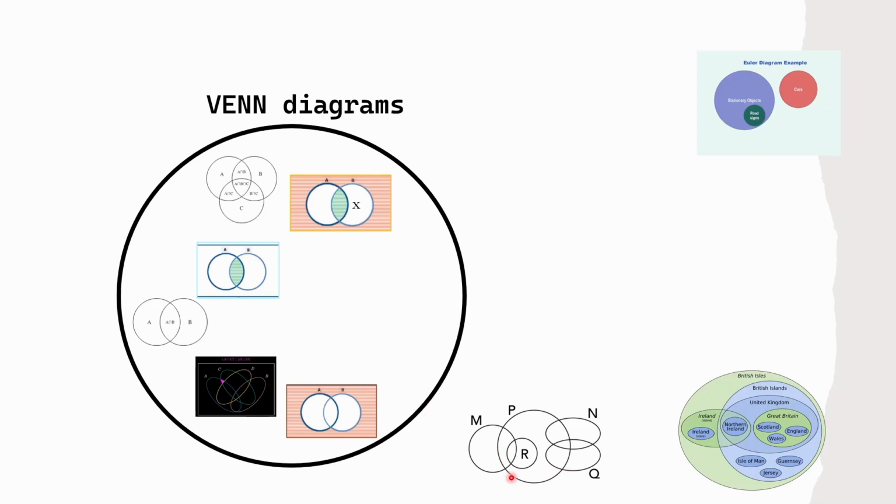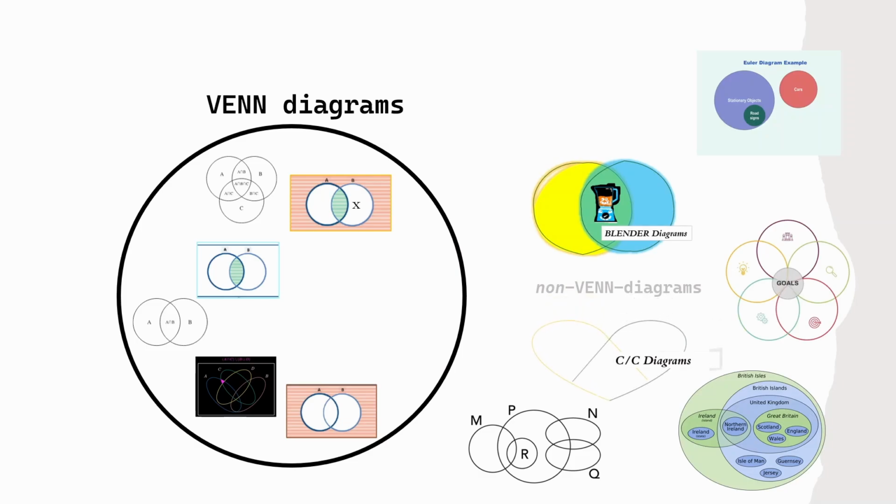And then there are diagrams that have overlapping circles or other shapes that aren't Venn diagrams, right? So here are some Euler diagrams. These are perfectly good diagrams. They're predecessors to the Venn diagrams, but they're not Venn diagrams. Okay, so we'll just want to keep in mind that there are lots of different non-Venn diagrams that are perfectly good diagrams that you just don't want to confuse with the real ones for purposes of the class.